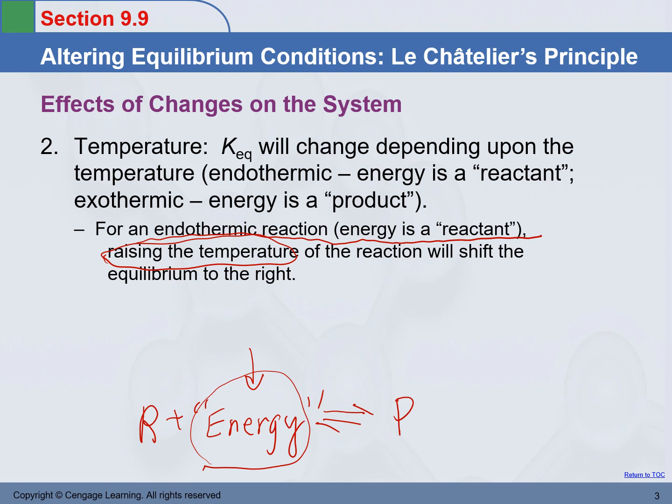You raised the temperature, you added energy, so it's going to shift to the right. As a result, more product will be produced. Fewer reactants will be left than before. So for an endothermic reaction, raising temperature will shift equilibrium to the right.